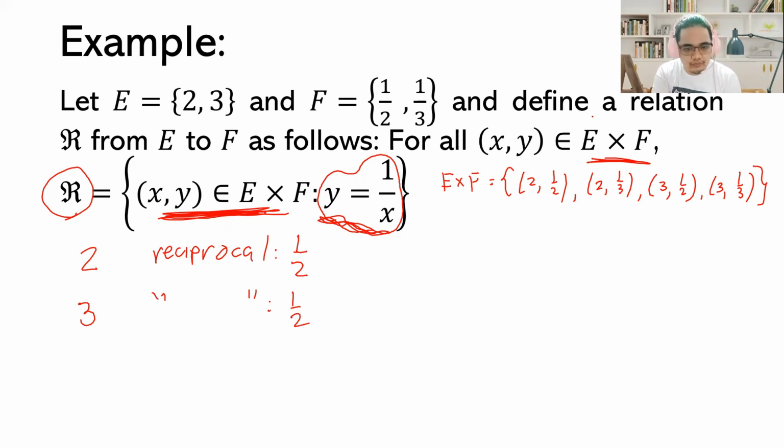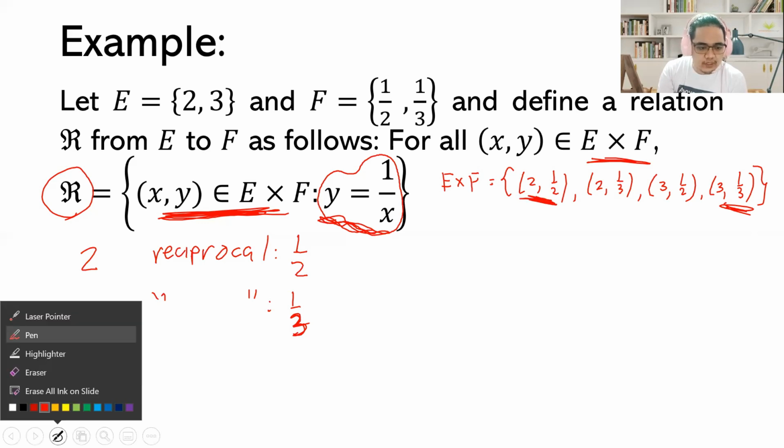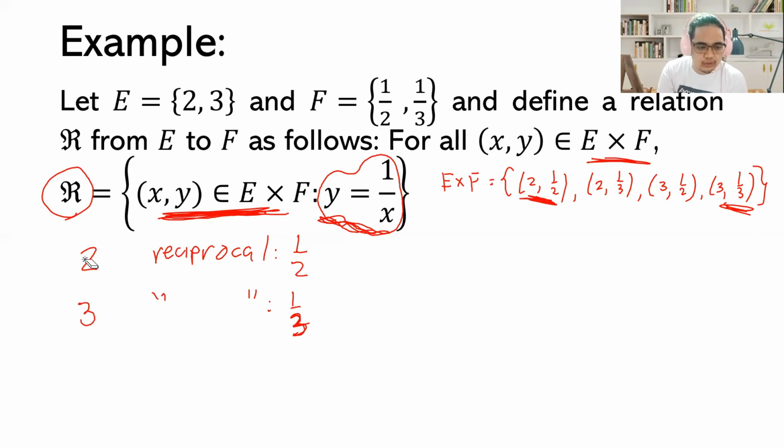Okay, so we have the first element here in the cross product, and, this is wrong, this is 1/3. Right? Because reciprocal. 3 and 1/3, the fourth element. So the second is not considered. And the third element of the cross product is not considered since it does not follow the relation, which is the reciprocal.